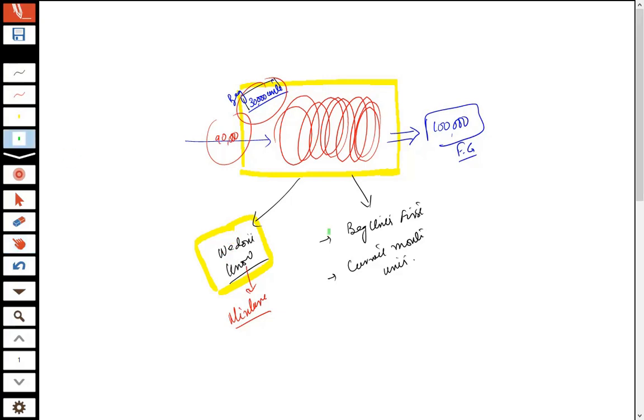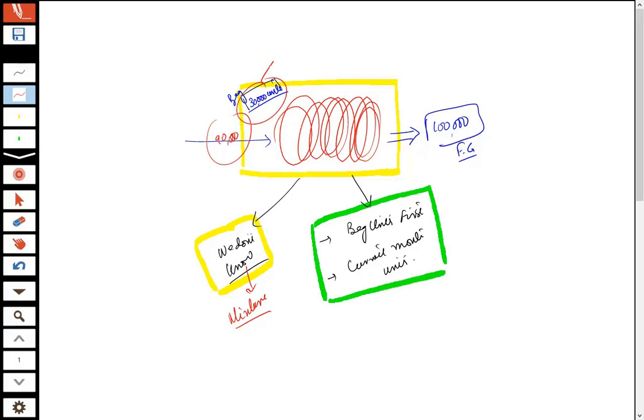But in this case, we are clear cut about our production facility that first we worked on the beginning units, because maybe the order was lagging behind. So first we worked on the beginning units, then we worked on the current month units.